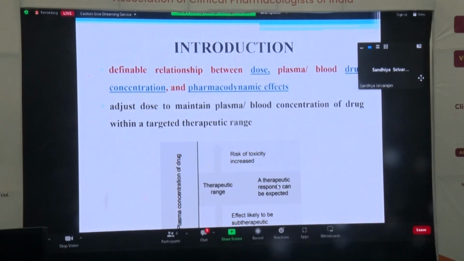With this knowledge, we can adjust the dose to maintain the plasma concentration of the drug within this targeted therapeutic range, so the patient does not experience either toxicity or treatment failure. So the very basis of TDM is the assumption that there is an association between the dose given, the plasma concentration of the drug achieved, and the pharmacodynamic effect it produces.